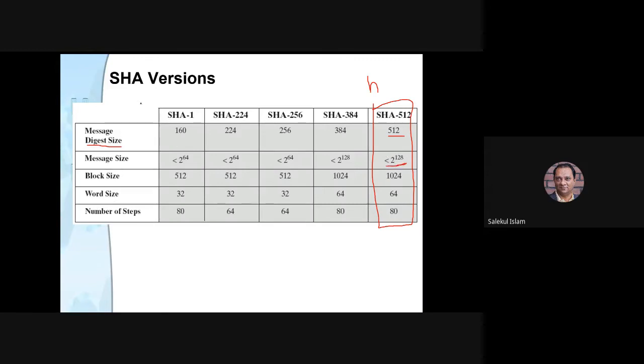Each block will be 1024 bit. If we have more than 1024 bit, then we will see how we can find different blocks from a very long message. We will divide the long message into different blocks. The number of steps is 80, and the word size is 64.